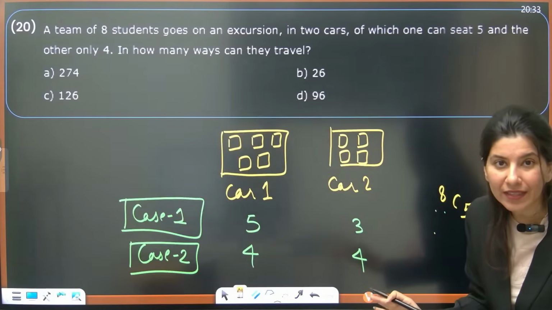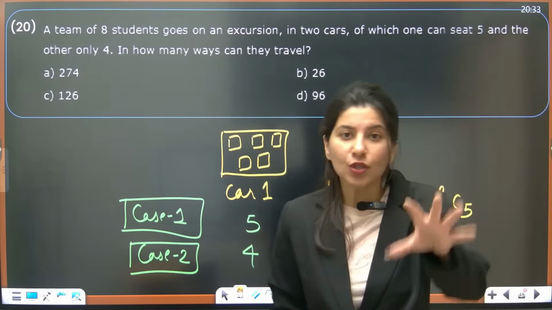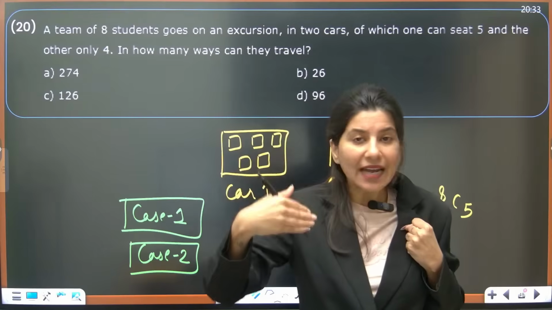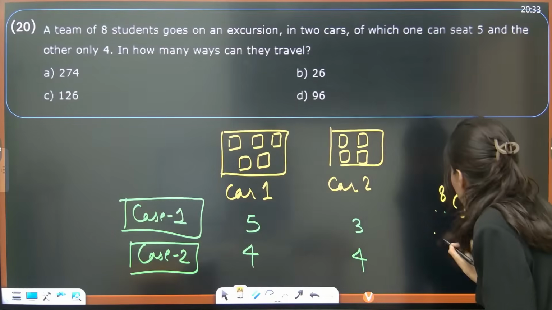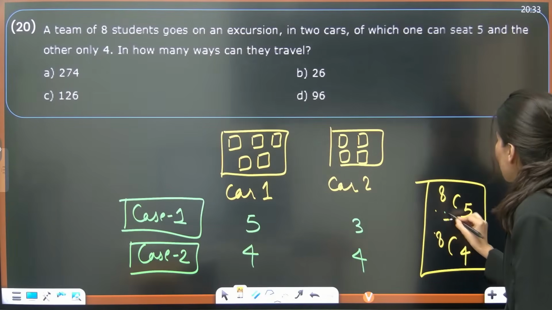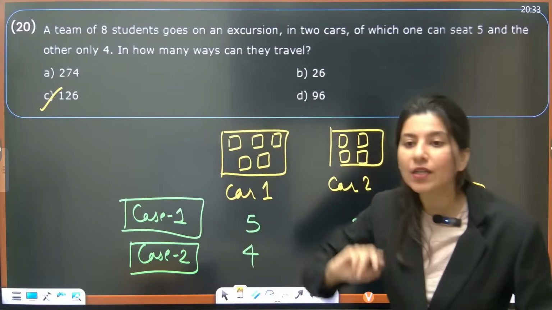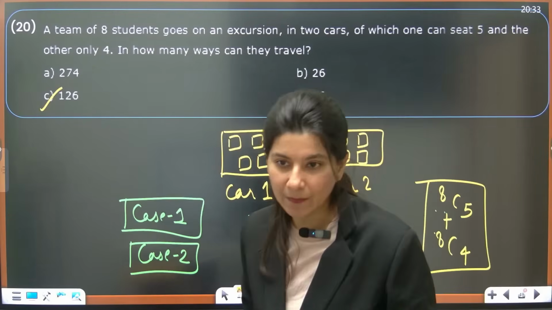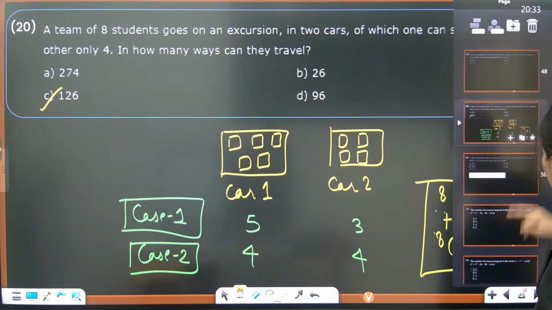You don't have to do anything more. Case number 2, 4 you have to do. So you just select 4 people. In that case, you are rejecting 4 people. That means you are forming 2 different groups. So 8C5 and 8C4. If you add these 2 things, you will get your answer. 8C5 plus 8C4 gives 126 as the correct answer. Option C will be absolutely right.